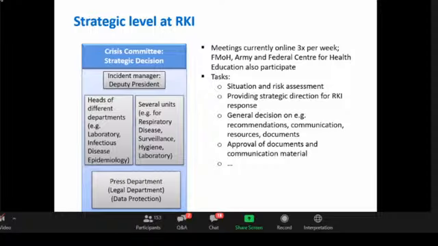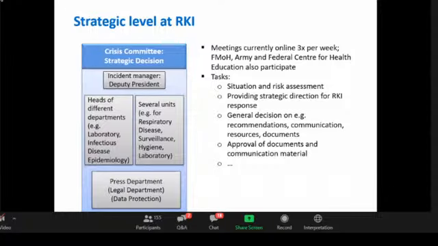And in this crisis committee, there are the heads of our different departments, as well as representatives from several units, especially, for example, for the unit for respiratory disease, for surveillance, hygiene, laboratory, but also representatives from the press department. And this crisis committee currently meets 3 times online per week.